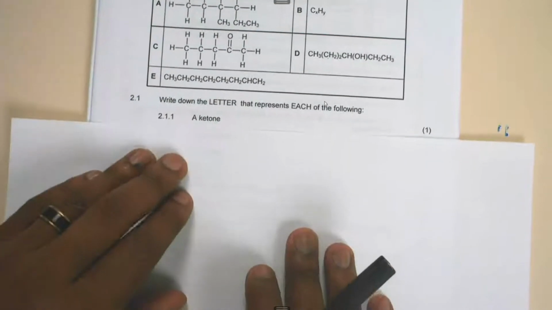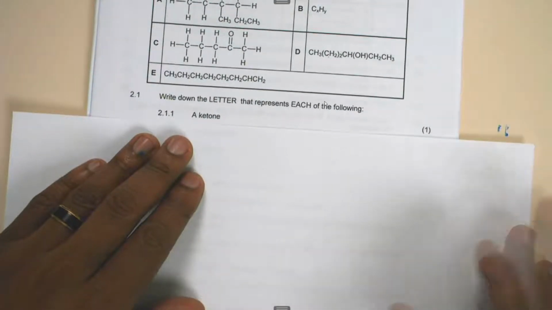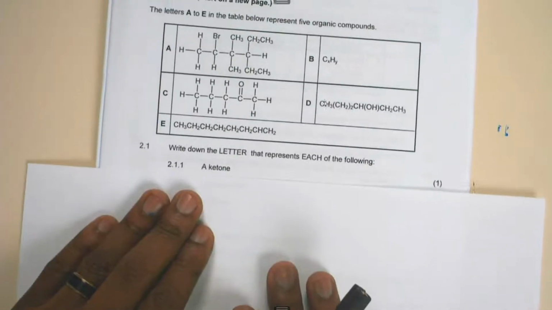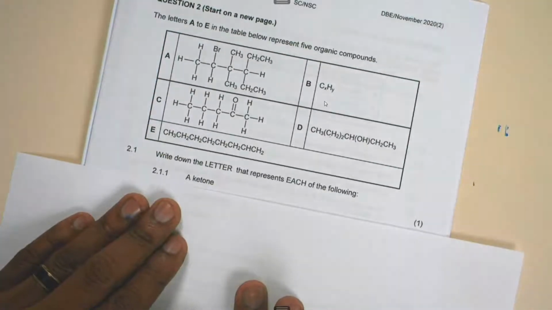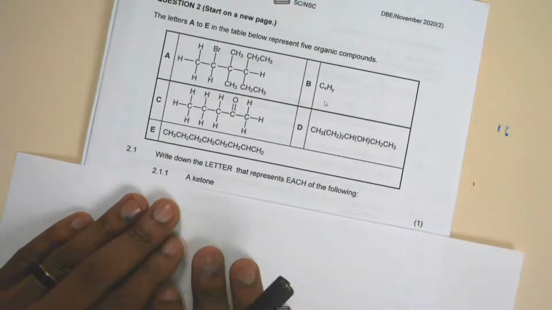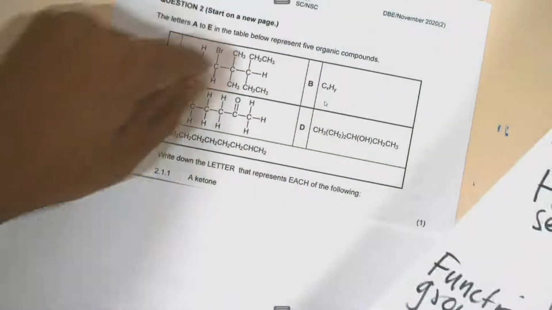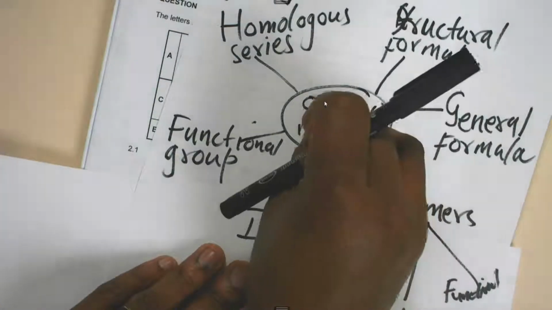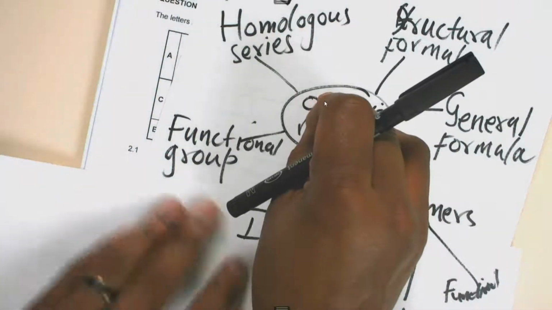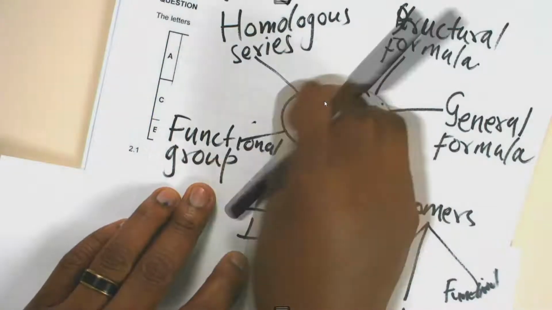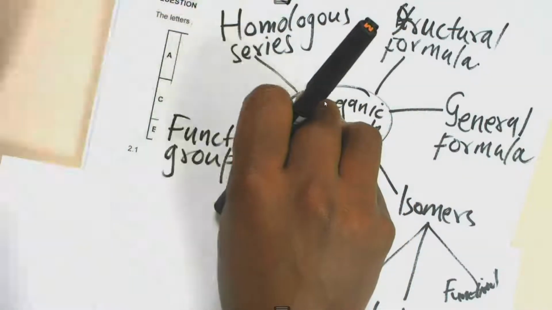Then write down the letter that represents each of the following. The first one is a ketone. So what does that say? In all these organic molecules that are given, what must I know? For me to know a ketone, it's important to know the functional group. It is also important to know the structural formula.